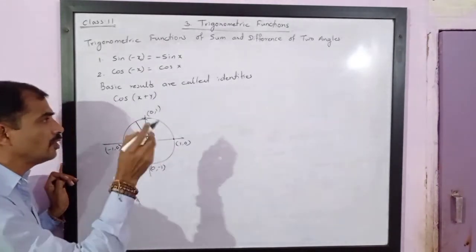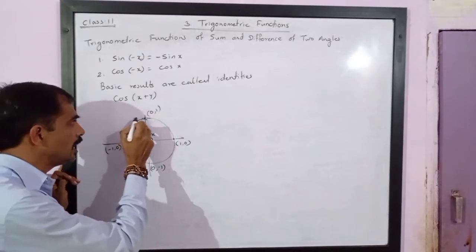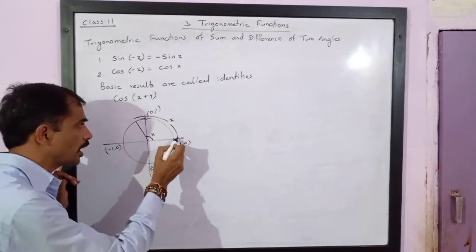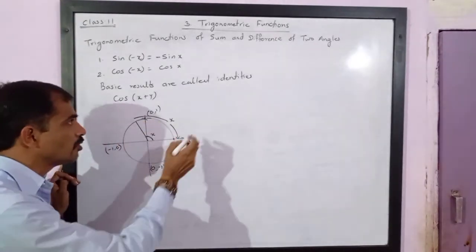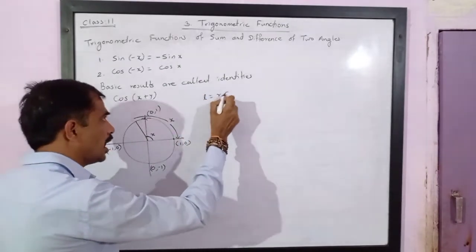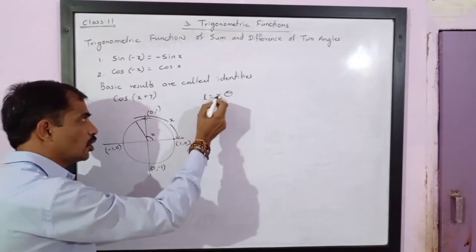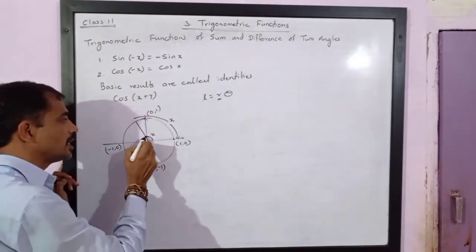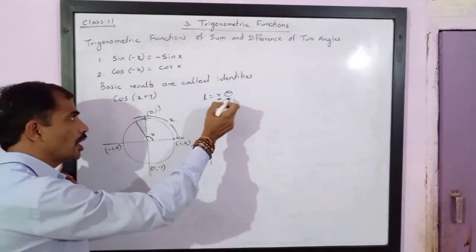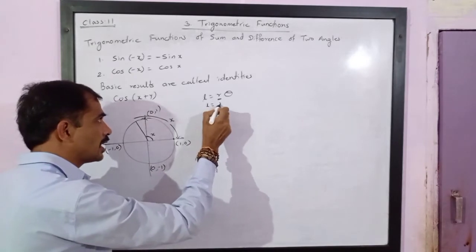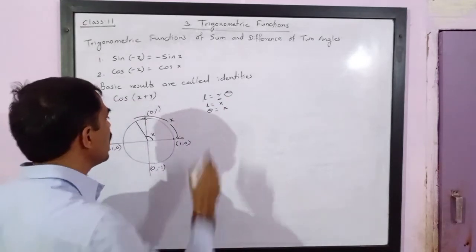We have already written earlier that the length of the arc is also x, because we know the length L is equal to r theta. Here r is 1 for the unit circle, so L is equal to theta. Central angle is also x. So if the length of the arc is x, then theta is also equal to x.